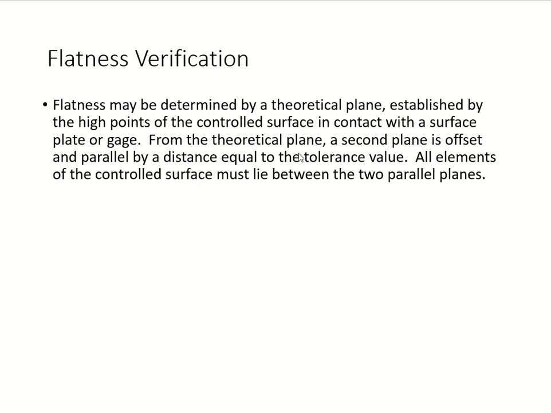From your theoretical plane, we're going to have a second plane, offset in parallel by a distance. Since you have a parallelism, you always have a distance away from what you're measuring against, equal to your total tolerance value. So all elements of your control surface have to lie between the two parallel planes.